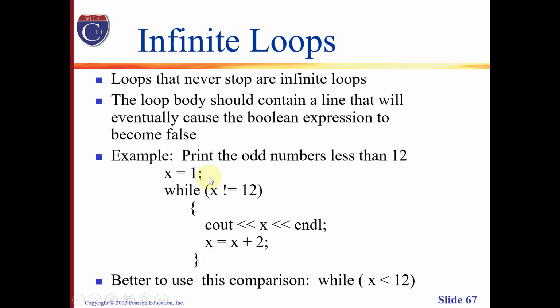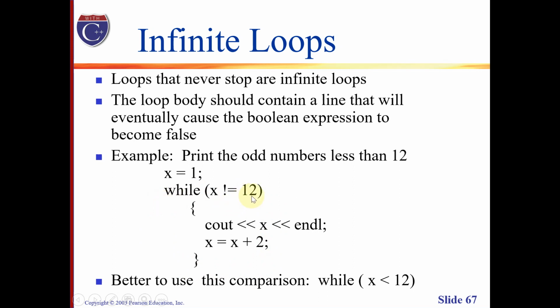Get back to the top, then perform the same Boolean comparison. Is 3 not equal to 12? It's still true. Then plus 2, that would give us 5. Plus 2, that would give us 7. Plus 2, that would give us 9. Plus 2, that would give us 11. Then plus 2, that would give us 13.